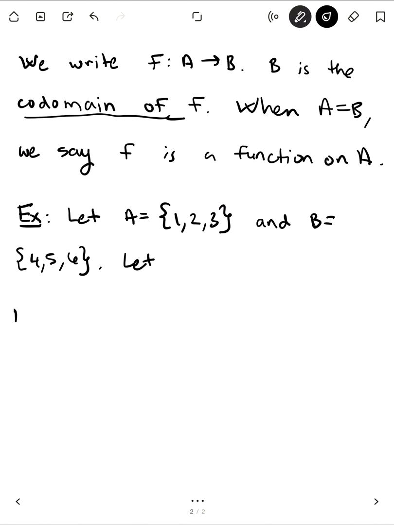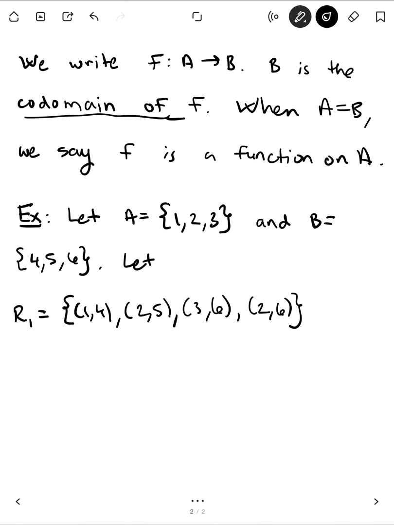Let R1 be a relation on these two sets with (1,4), (2,5), (3,6), and (2,6). So notice this is not a function. It's just a relation. Why is this not a function? Because 2 is mapped to both 5 and 6, and 6 is not equal to 5.